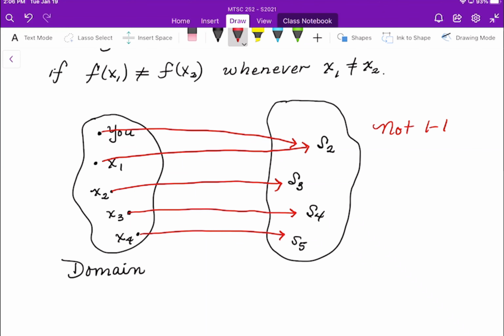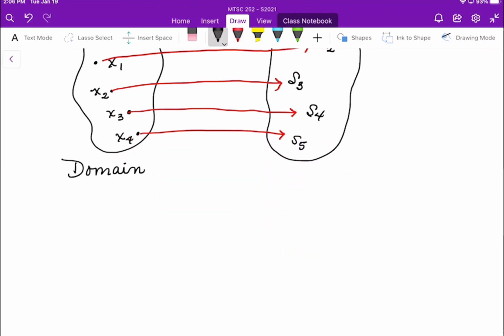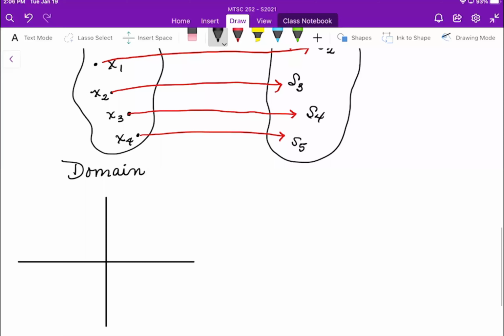If you notice, if I were to draw this as a function, let's draw it. A similar way to draw it is, let's say here's u, x1, x2, x3, and x4.